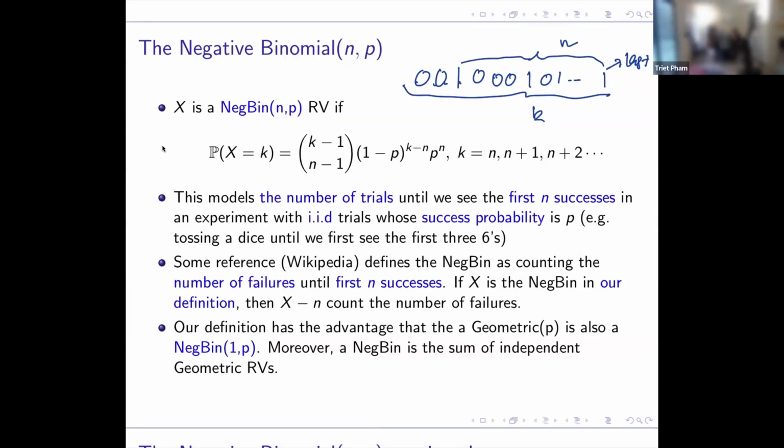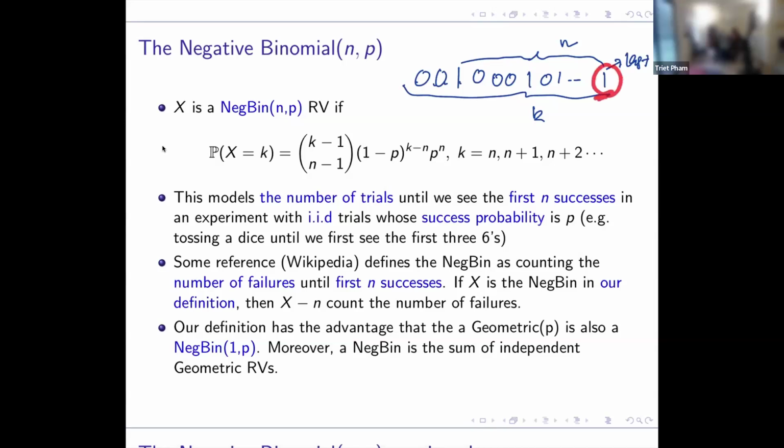All right. So let's see what the probability of that is. Now this sequence is not just any sequence of 0s and 1s. It's not a sequence of, let's say, n 1s and k minus n 0s. The reason is the special positioning: the last one must be a 1.